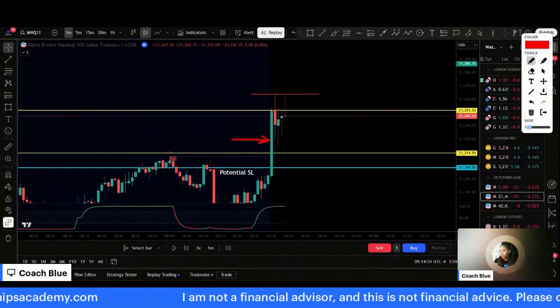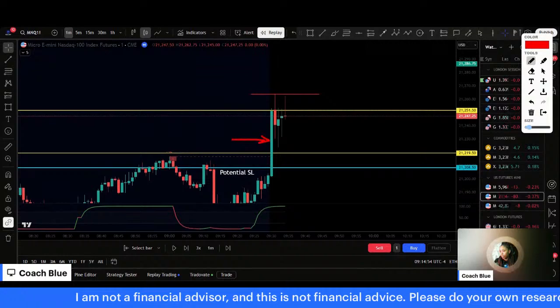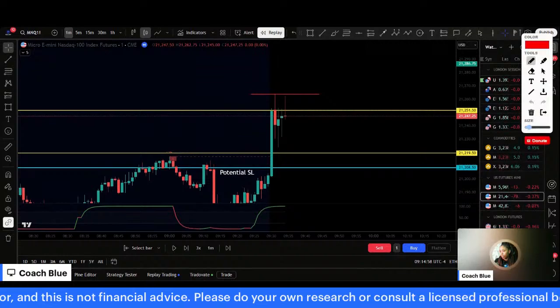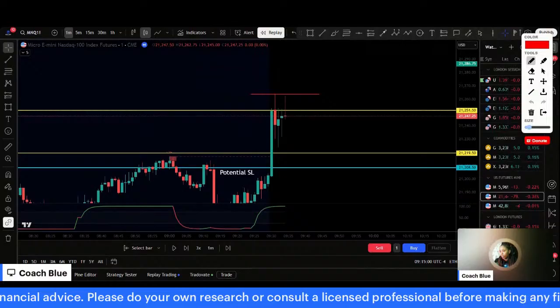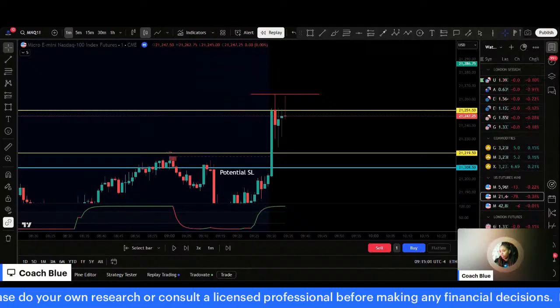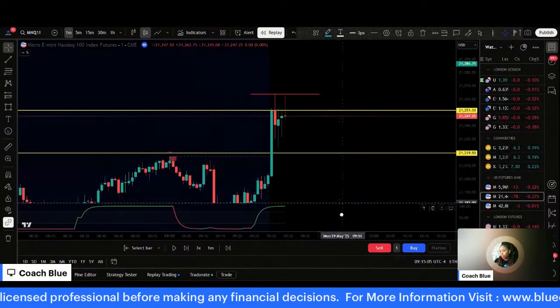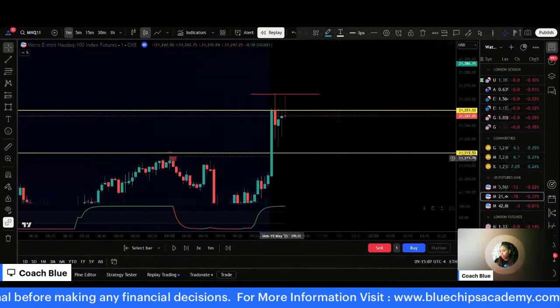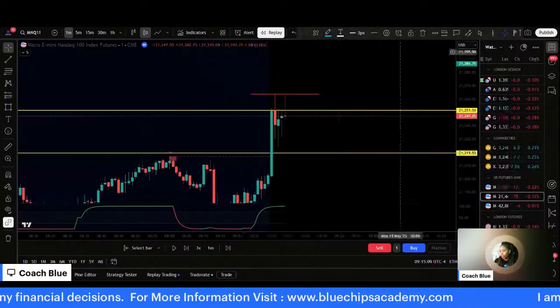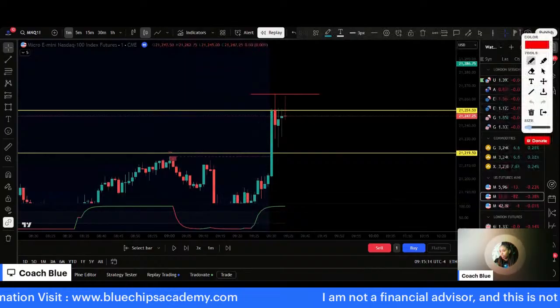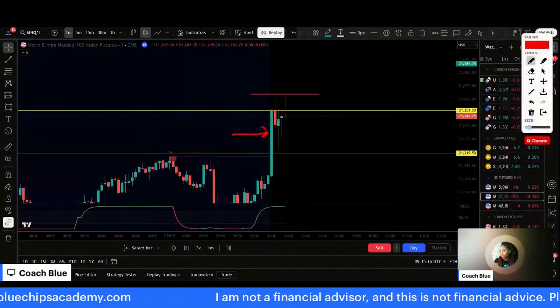So this was our breakout candle right here. Let me move this stop loss out of the way so it's not confusing. Okay, once we witnessed that, it broke out of our key level. This was our key level here, two levels really. So here's our breakout. There's our B. We can check that off.